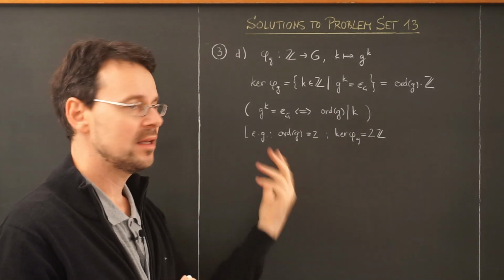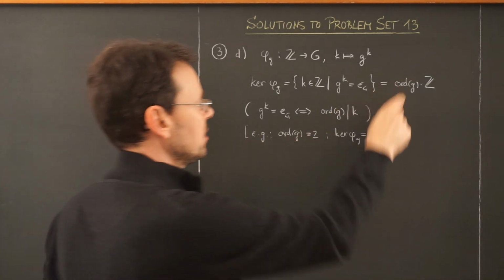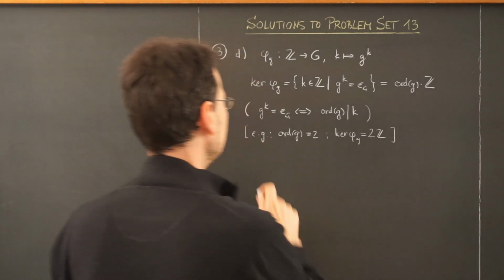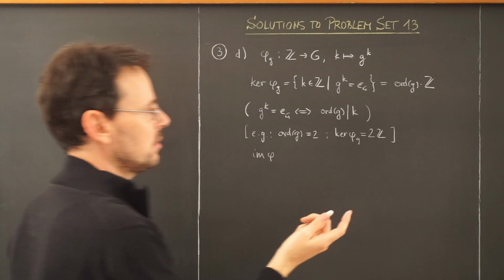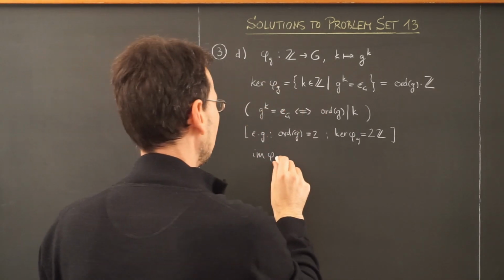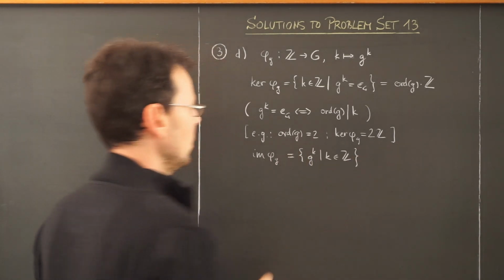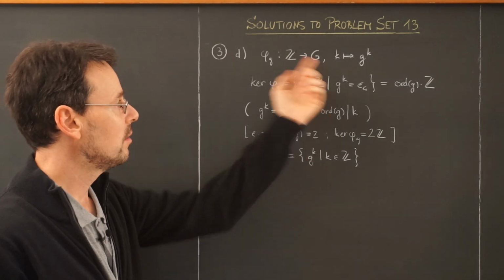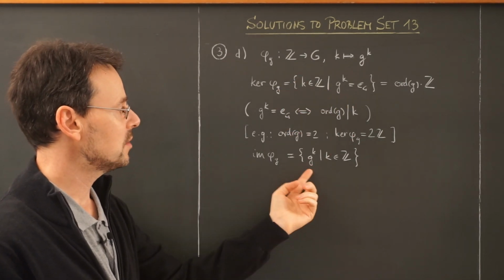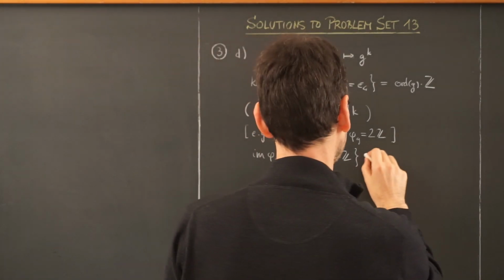So even the negative even integers give me the identity. So in this case, this would be 2Z. That's, I think, the first interesting example of the kernel of these homomorphisms. Now, the image of phi sub g consists by definition of all phi g of k, so all the powers g to the k, where k runs through the integers.